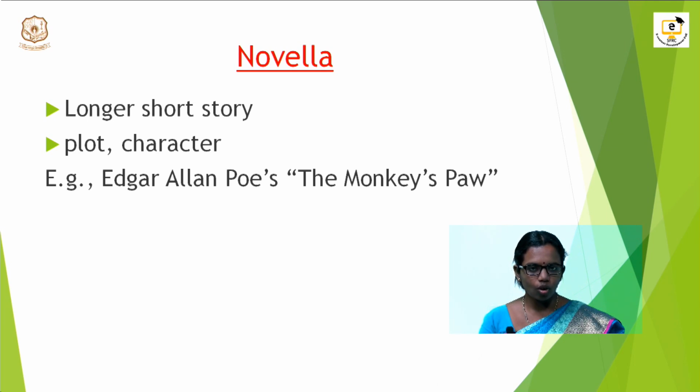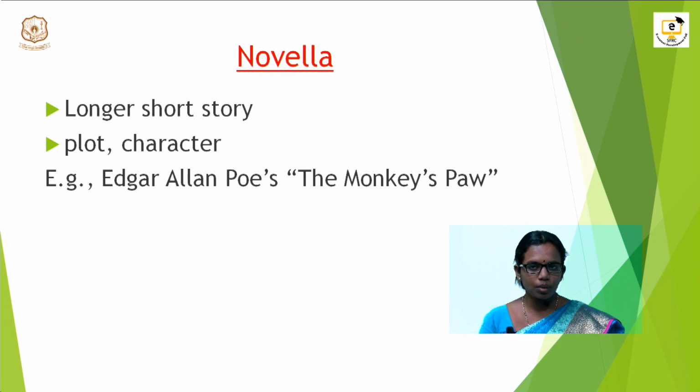The plot of a novella is unique in that it addresses some critical moment, some critical point, and the story follows around that point. It ends with the solving of the particular crisis with which the novella begins.